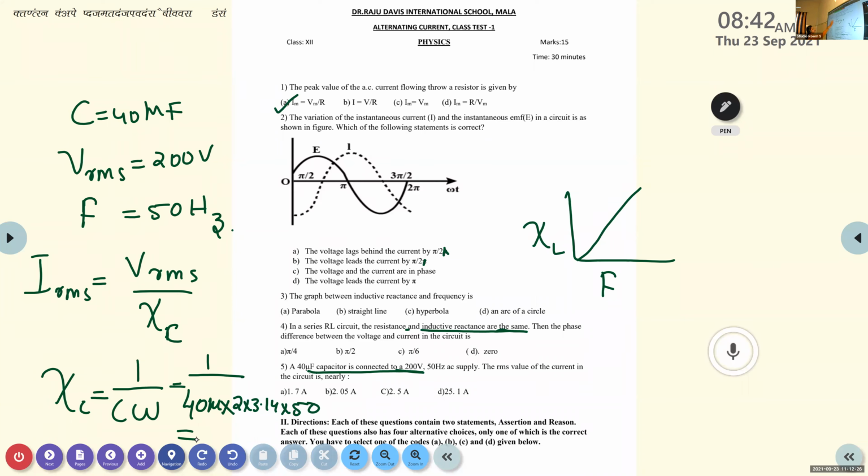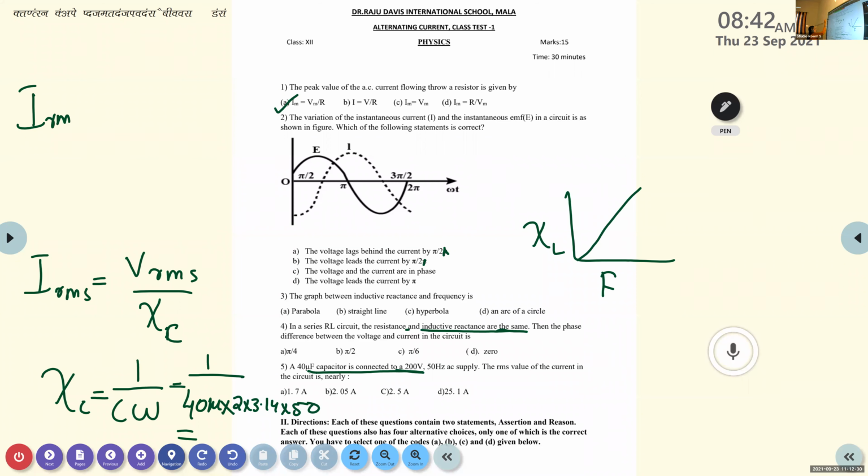After substituting all these values, IRMS is equal to VRMS, 200 volt, divided by chi C, that is 40 microfarad into 2 into 3.14 into 50. What about the final answer?